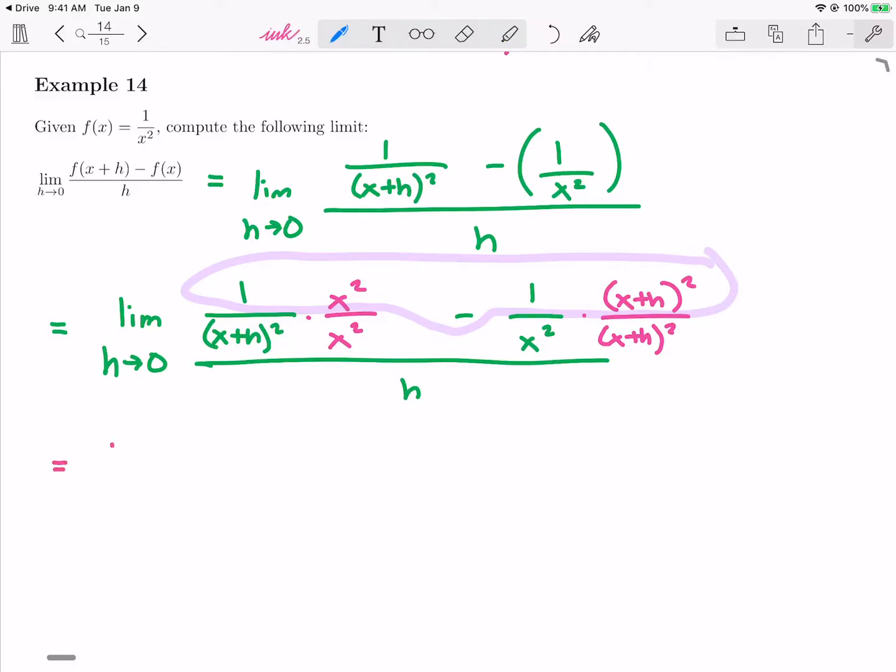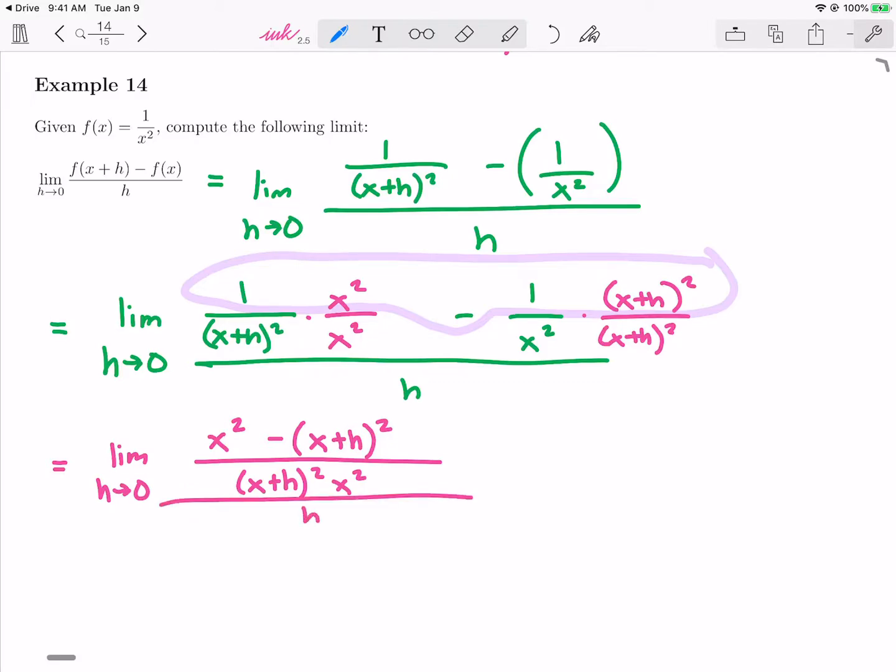Okay, so I've got limit as h goes to 0 of x squared minus the quantity x plus h all squared over their common denominator, which is the x plus h squared times x squared. And this is still all over h.